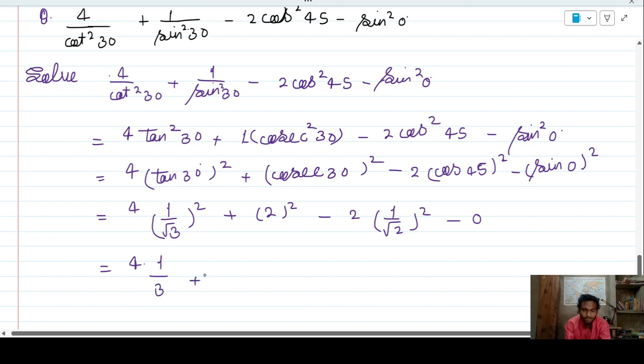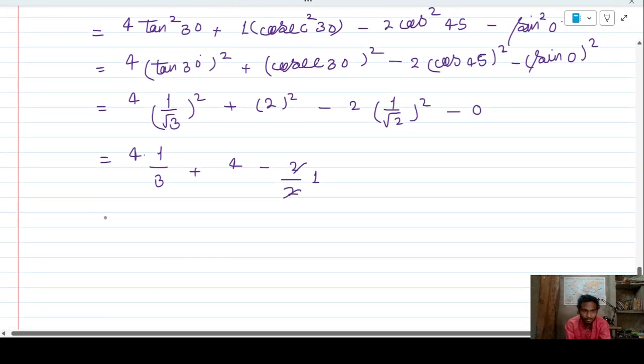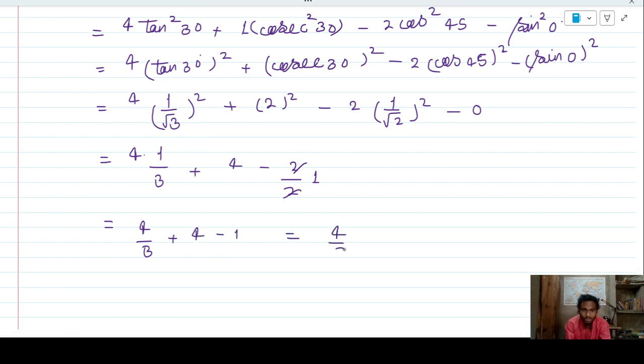Then 4 upon 1 upon 3 plus 4 minus 2 upon 2, equal to 4 upon 3 plus 4 minus 1, then 4 upon 3 plus 3.